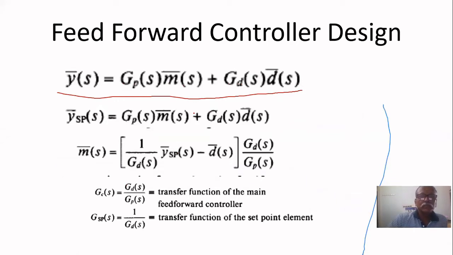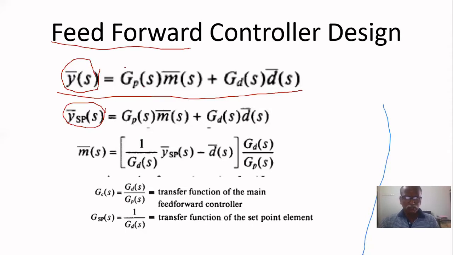Then, already I said we have to design the feed forward controller by assuming our aim is to make y of s equal to y set point of s. That is our aim. The purpose of designing this controller is making y equal to y set point of s. That's why substitute y of s equal to y set point of s to design the controller.